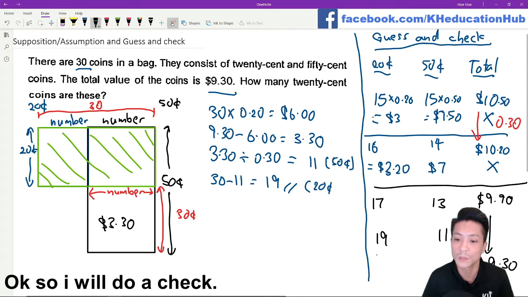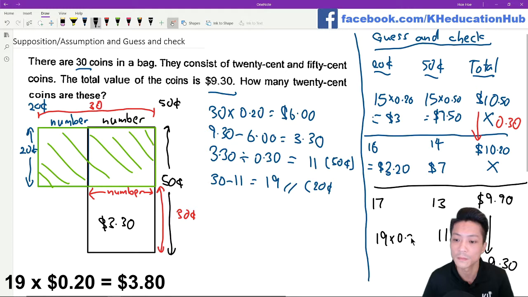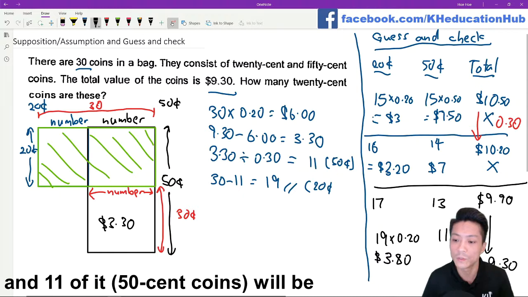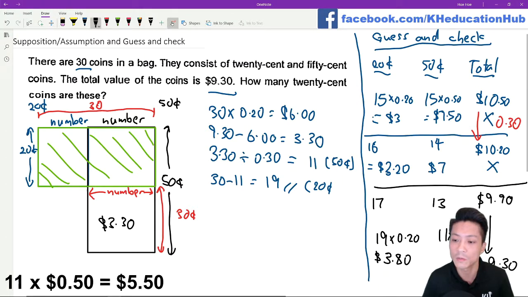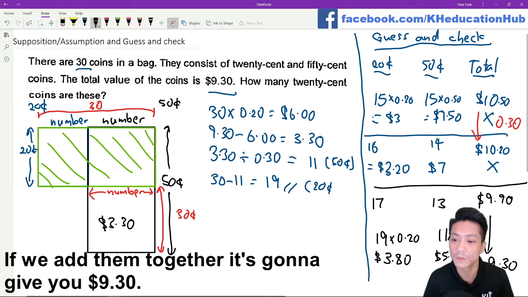So I will do a check. 19 times 0.2, maybe I can write it on top, is $3.80 and 11 of it will be times 0.5, which is $5.50. If you add them together, it's gonna give you $9.30.